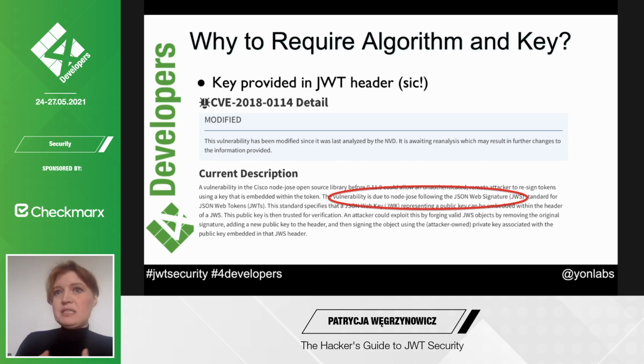The standard specifies that a JSON Web Key representing a public key can be embedded within the header. That's another problem with the standard. The main paradigm of cybersecurity: never trust the client.